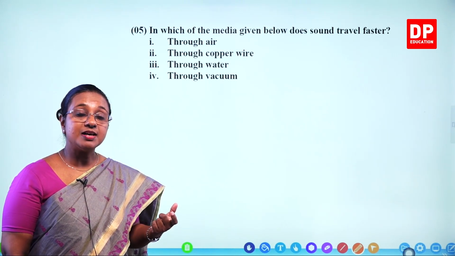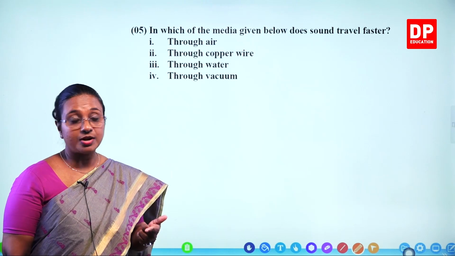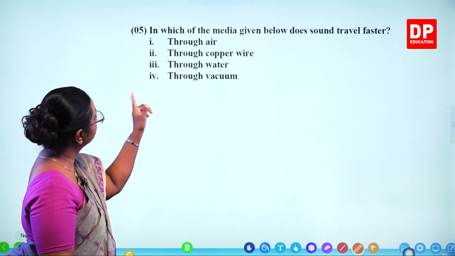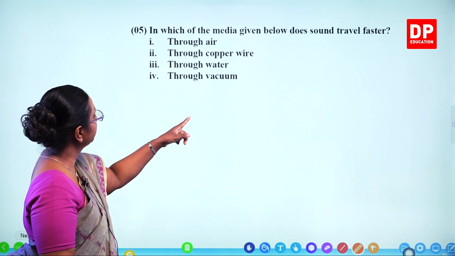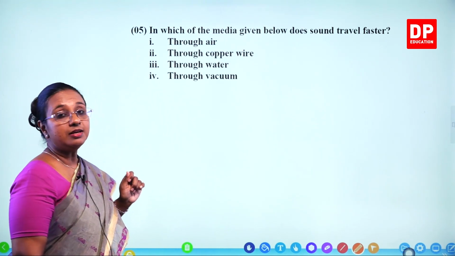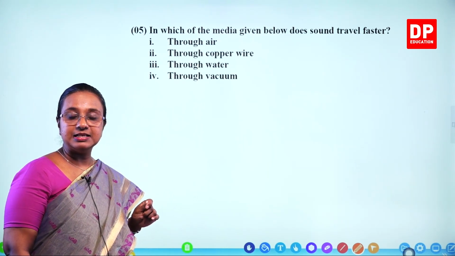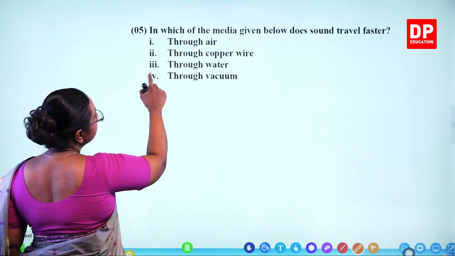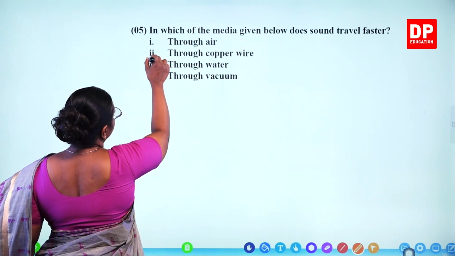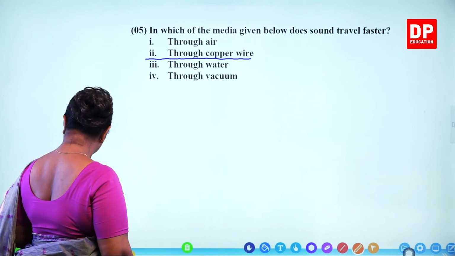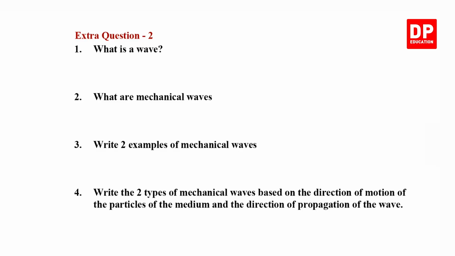And it travels faster through solid: through air, through copper wire, through water, through vacuum. So it can travel through the first three, and out of those, copper wire is the solid. So sound travels faster through copper wire. With that, I will move on to the next one.